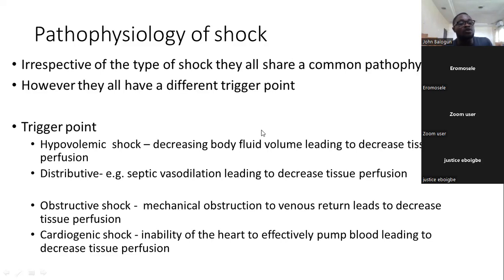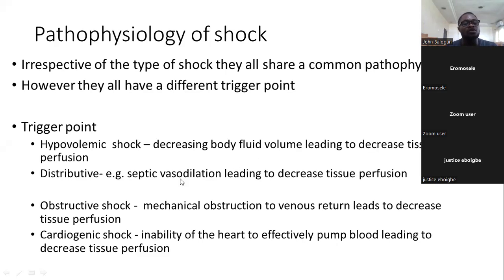So septic shock will just occur because the patient has urosepsis. It will occur on its own without, say, bleeding or cardiac failure. But any other type of shock that occurs, if it's allowed to progress, will eventually lead to septic shock and the patient will die. So that's just the pathophysiology of shock explained.